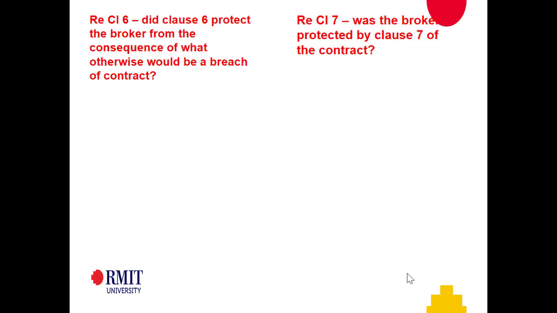So the court ended up with these two questions. Whether clause 6 protected the broker from the consequence of what otherwise would be a breach of contract, and if it did, or if it didn't, I should say, was the broker protected by clause 7 of the contract?